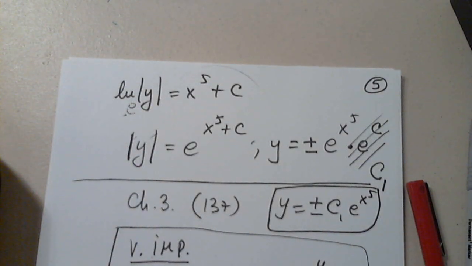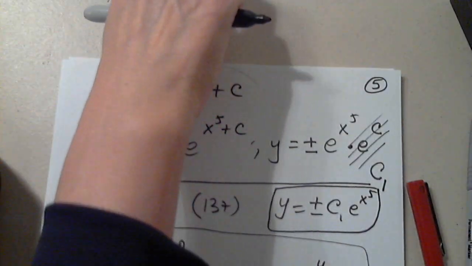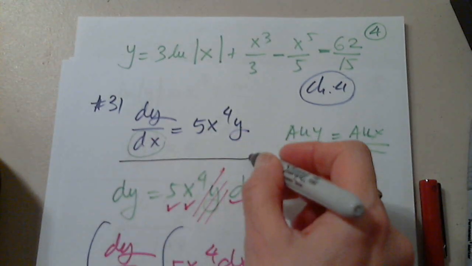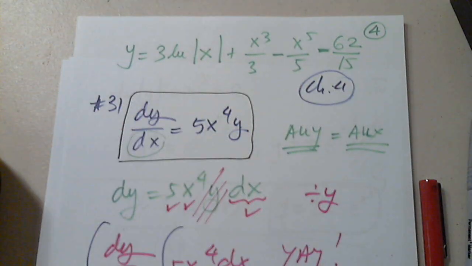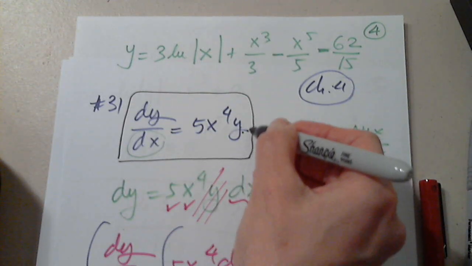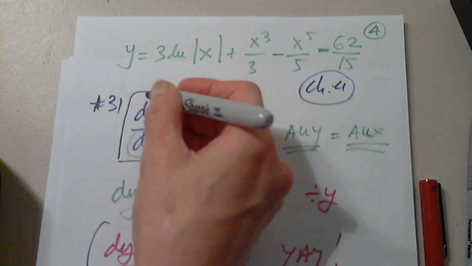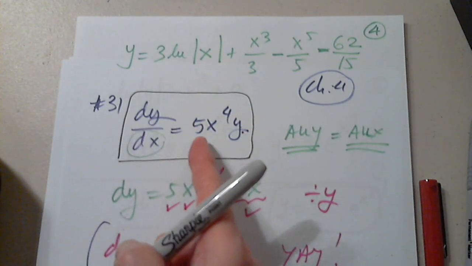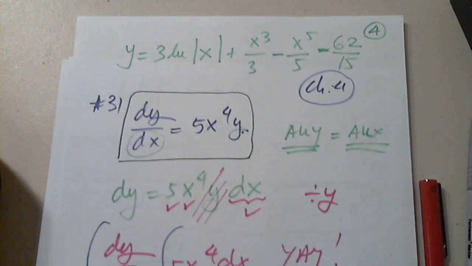This is the solution. To what? To this equation. We determine the function that fulfills this condition, that its derivative equals 3x to the fourth times the function.